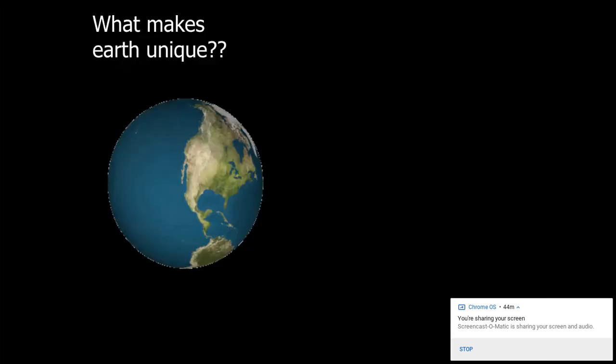What makes Earth unique? Well, we live on this planet, and we have a lot of unique properties of Earth that allow organisms, humans, and so forth, to exist on the Earth.